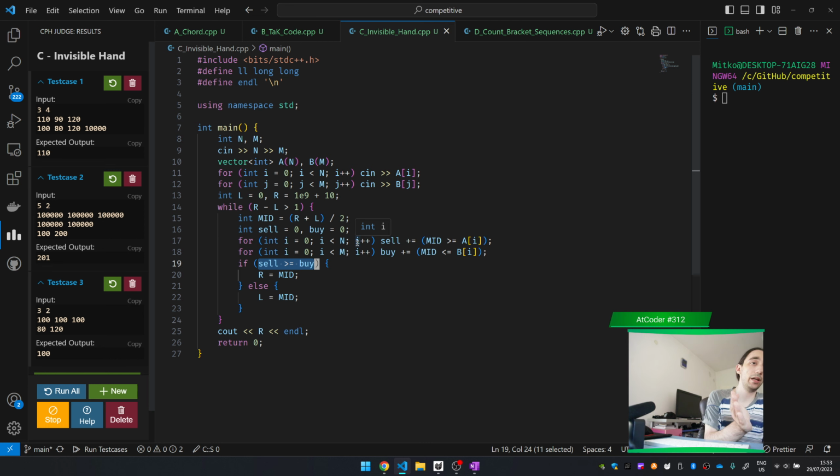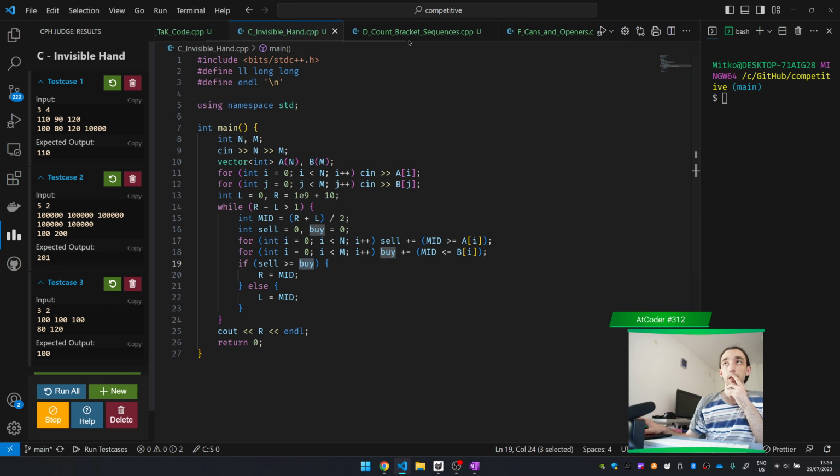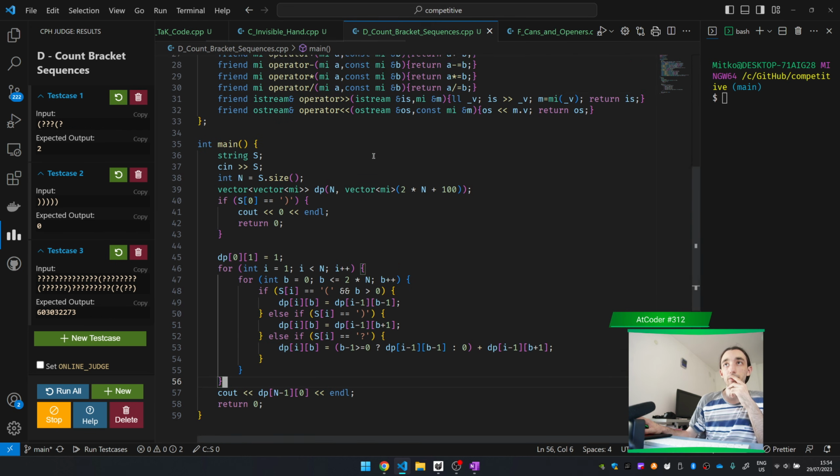So R has to go to the left side, and otherwise L has to go to the right side. But when L is changed, it is still not a valid L, because the sellers are fewer than the buyers. At the end we just print R, because R is always going to be valid if there are more sellers than buyers. So yeah, that's pretty much it for C.